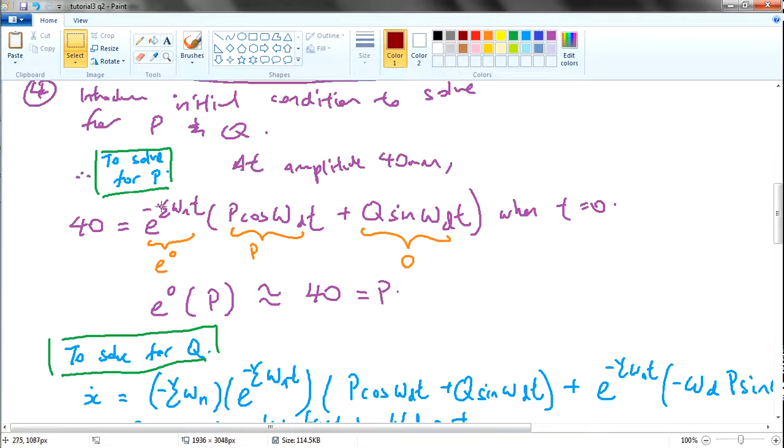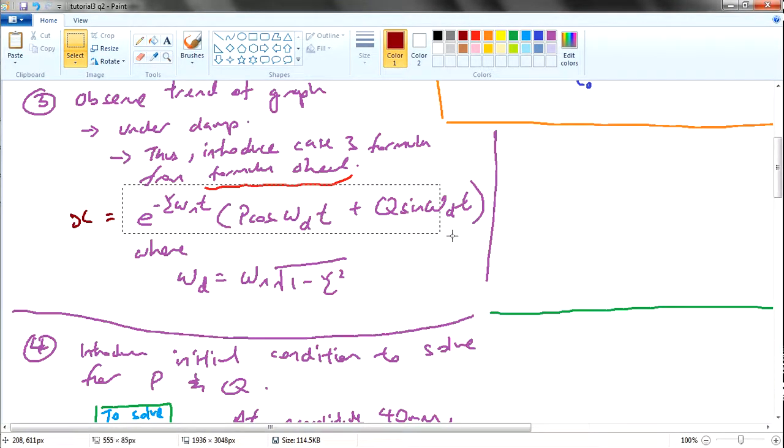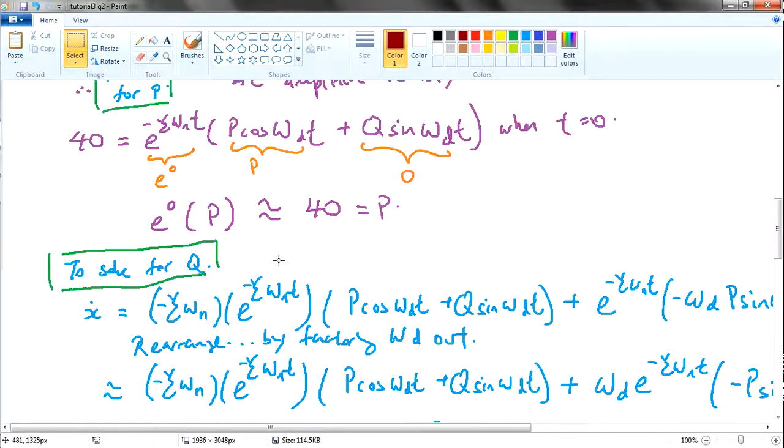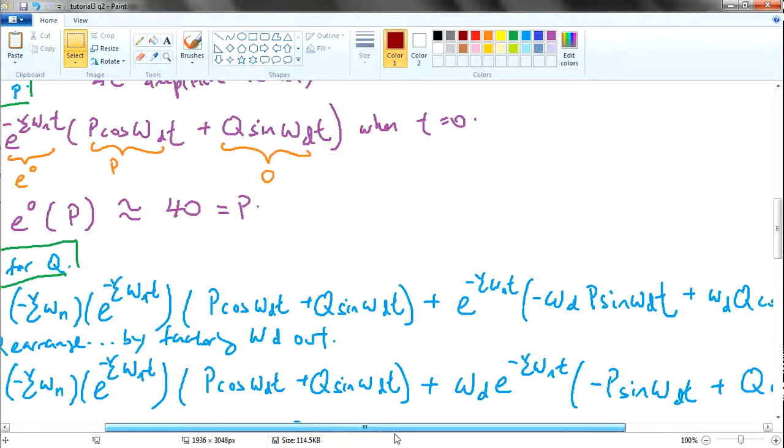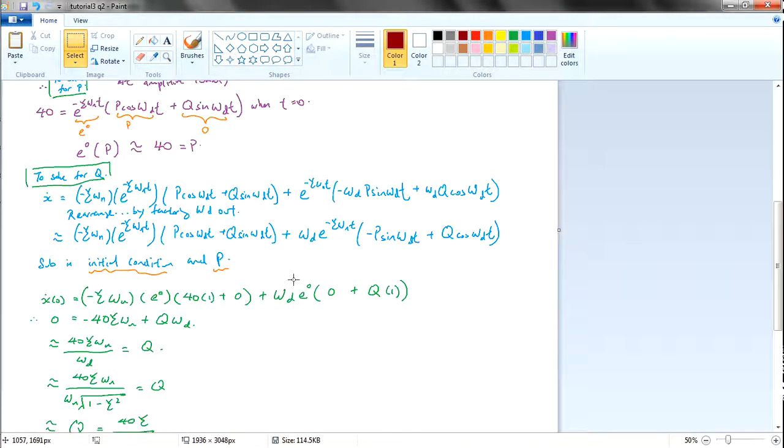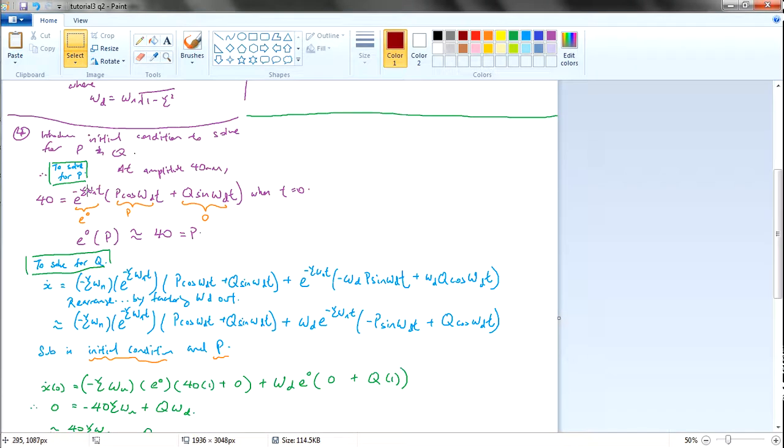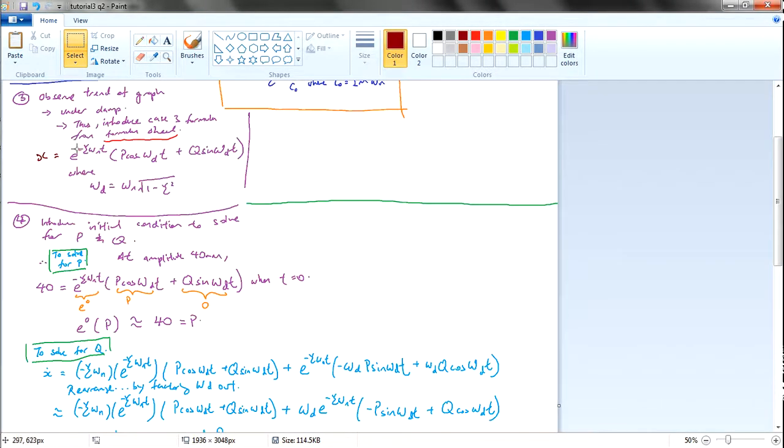But in this case you have to first differentiate this over here. You differentiate this, you get the velocity equation. So this is the velocity equation, which is pretty long. It's a product rule. I differentiate this part first.